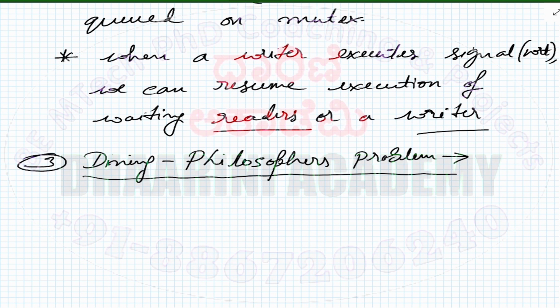Always they think while eating, let's say. The philosophers share a circular table with 5 chairs, each belonging to one philosopher. All right, so let's write a diagram over here.